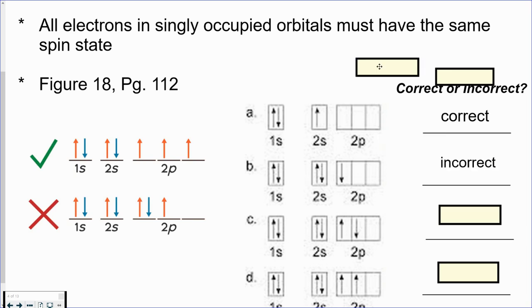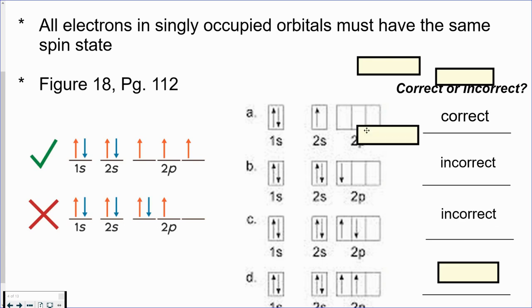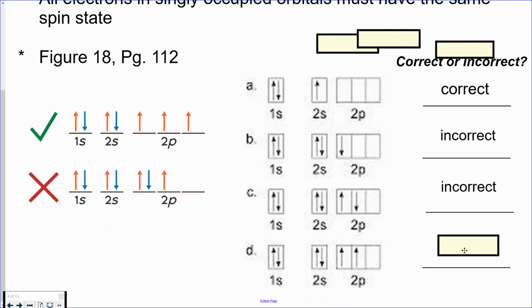B is incorrect because we always do the up arrow before we do the down arrow. C is incorrect because, again, we need an up arrow before we do a down arrow. And D would be correct because we put that second up arrow in the middle instead of putting a down arrow in that first one to the left.